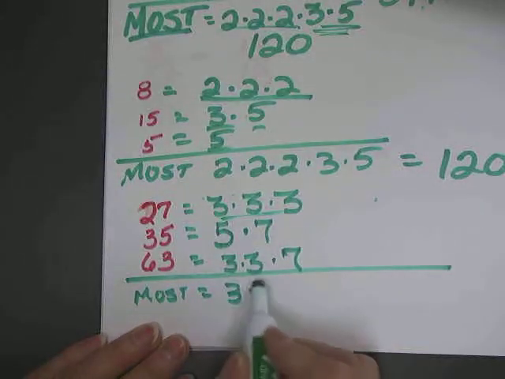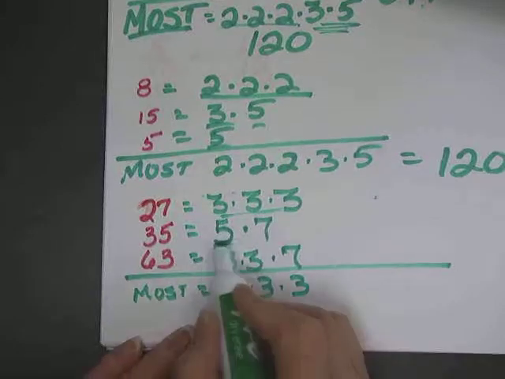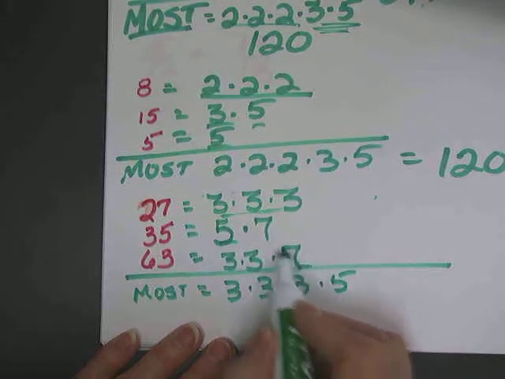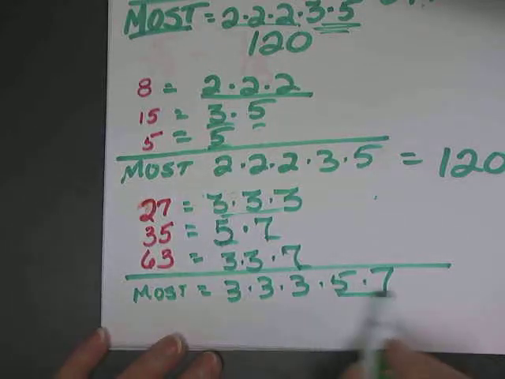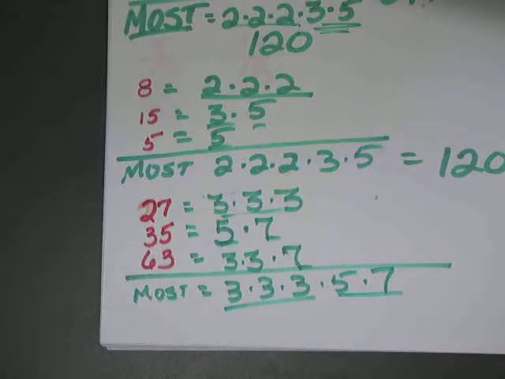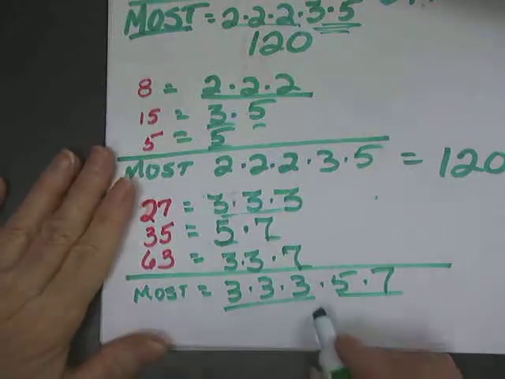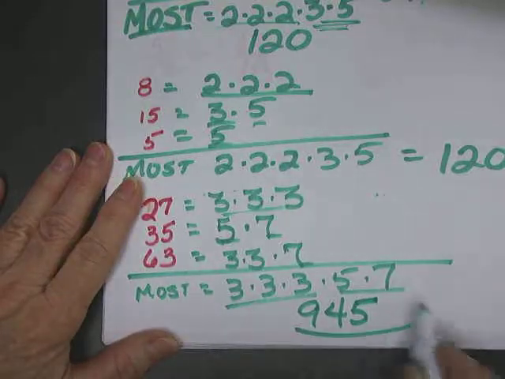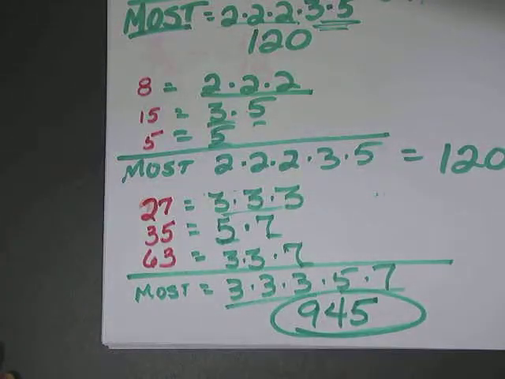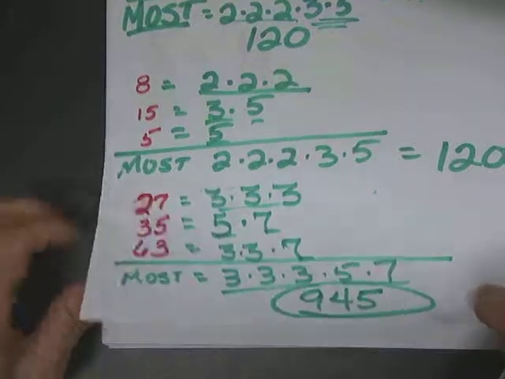Most: 3 and 2, so 3 is the most. 1 five, 1 seven, just 1. I don't see an easy way, we got 35 times 27. Somebody do it for me. 945. They should all divide evenly into 945.